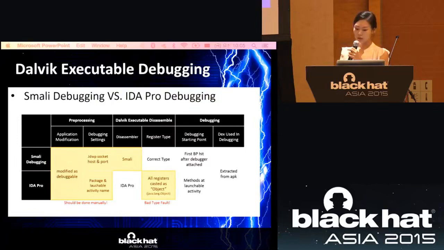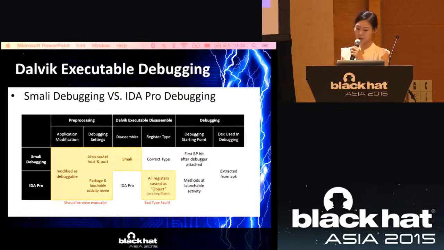Also, in terms of debugging, the debugging starting point is different. In the case of Smali debugging, the NetBeans project attaches to the process which is already running on the smartphone. So when the debugger is attached, the application is already running, and the analyst cannot debug the previous instructions before the debugger attachment.